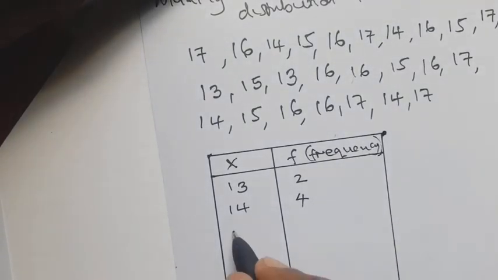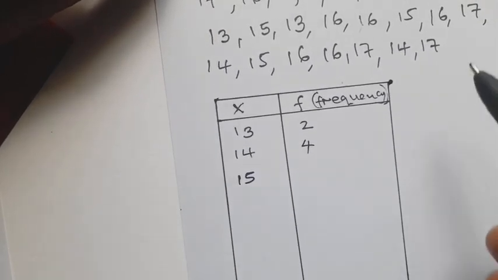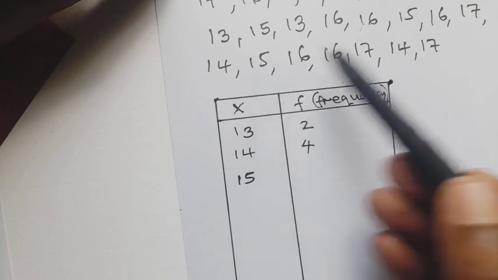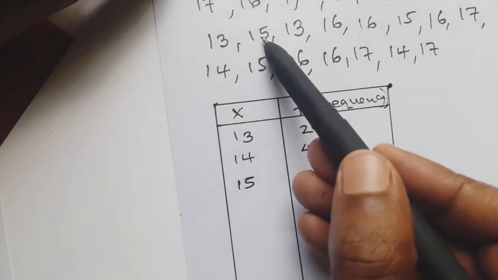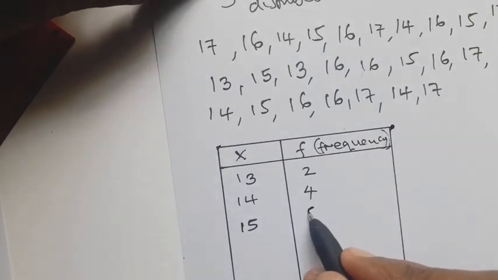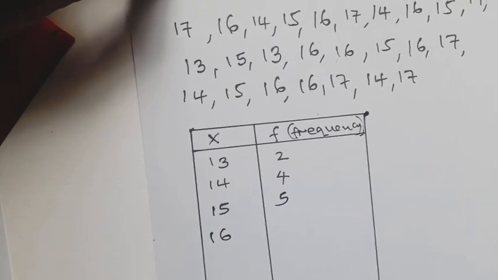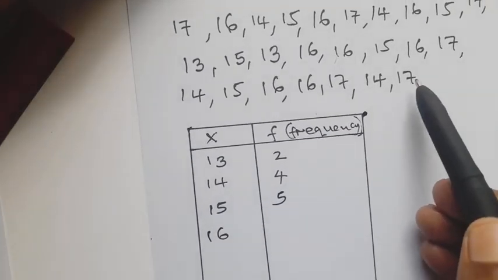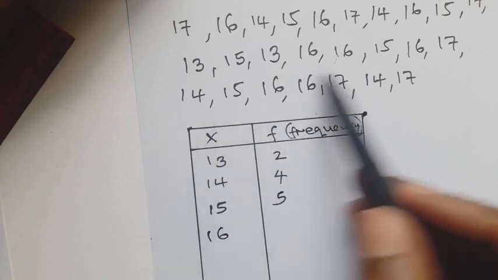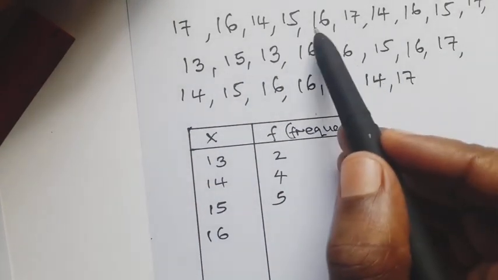Then we have 15. How many times is 15 appearing in our data? It is 1, 2, 3, 4, 5. Its frequency is 5. Next is 16. How many times is 16 appearing? 1, 2, 3, 4, 5, 6, 7, 8.